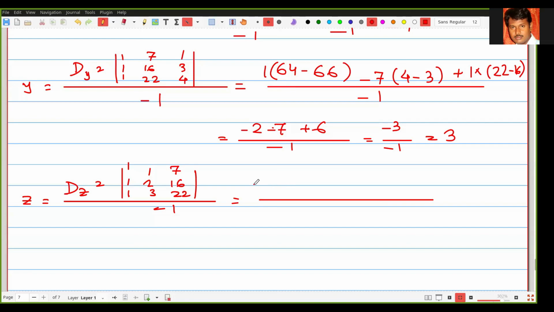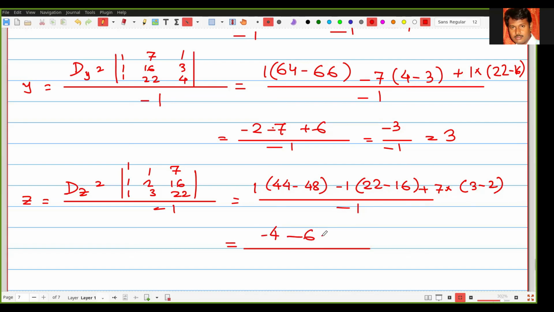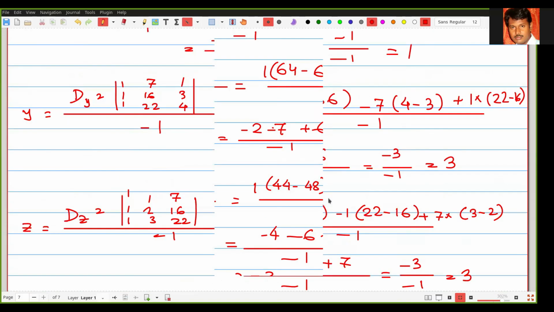So result is here 1 into 44 minus 48 minus 1 into 22 minus 16 plus 7 into 3 minus 2 upon minus 1, or minus 4 minus 6 plus 7 of minus 1, or minus 3 upon minus 1, or 3. So we are getting x is equal to 1, y is equal to 3, z is equal to 3.